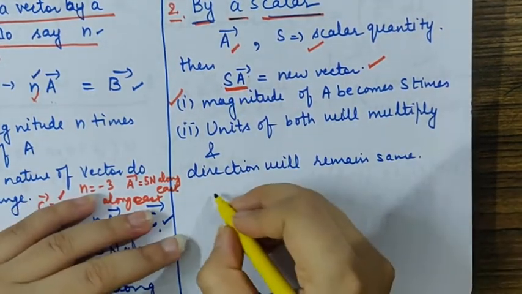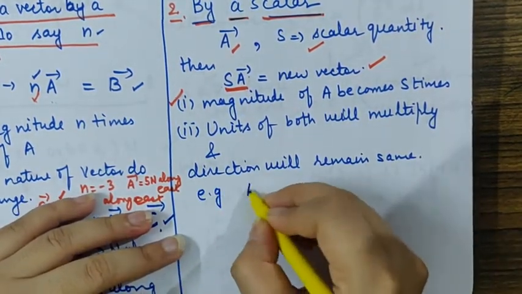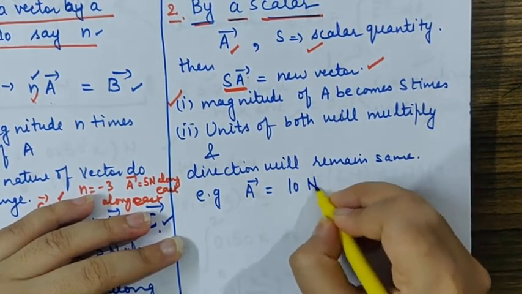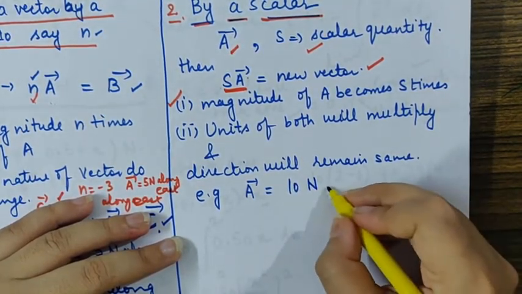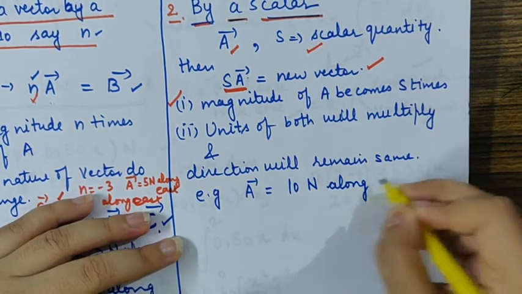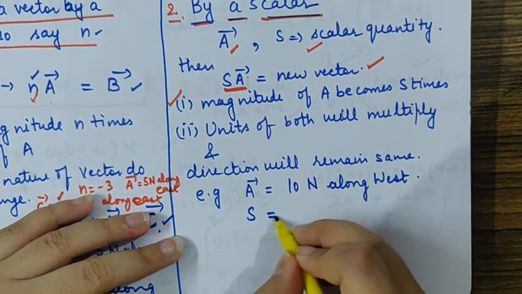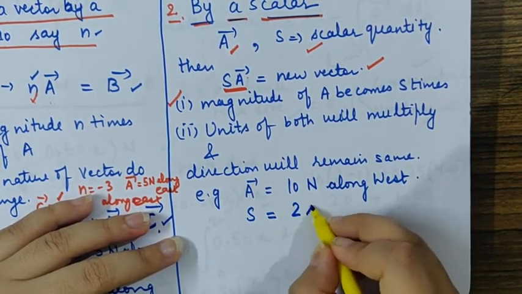Now suppose, for example, A vector is say 10 Newton, and you can also write the direction, this time we can take the direction to be west, and suppose S is equal to 2 seconds.